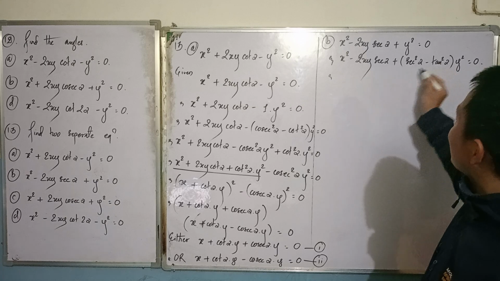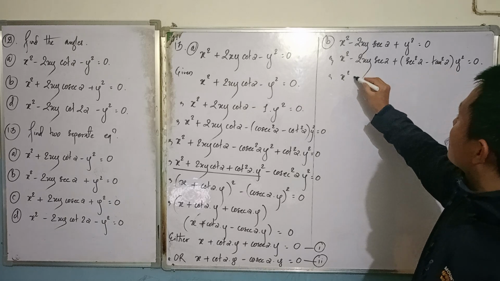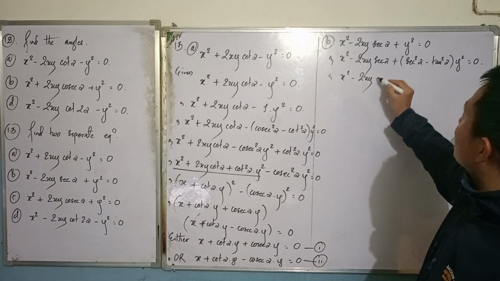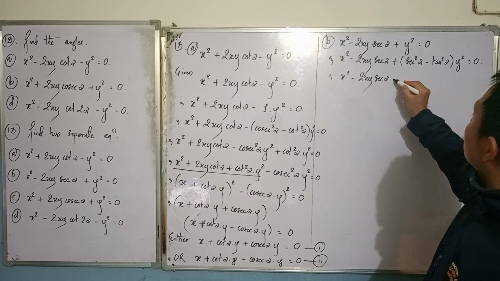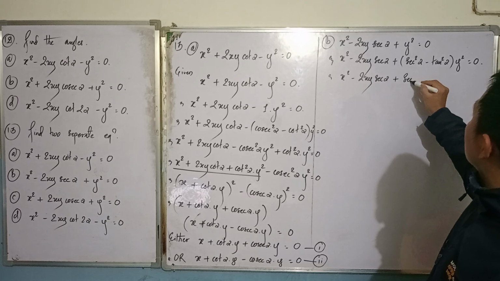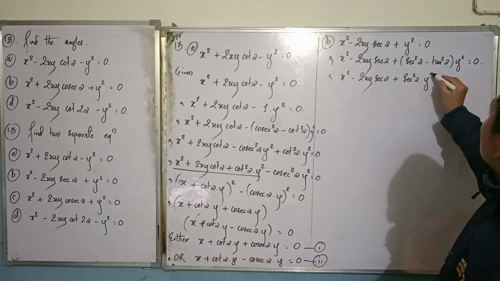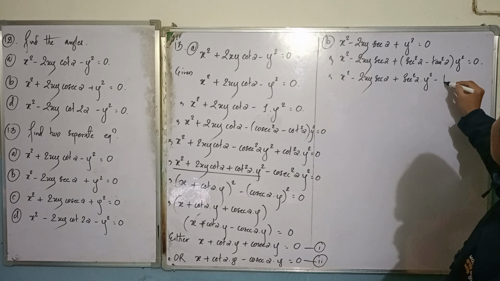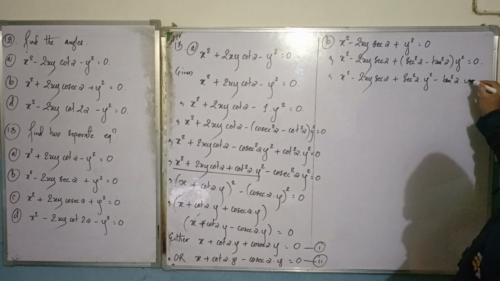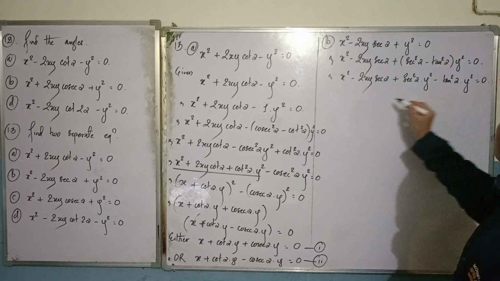Sec is connected with tan, that's why x squared minus 2xy sec alpha plus sec squared alpha y squared minus tan squared alpha y squared equals 0.